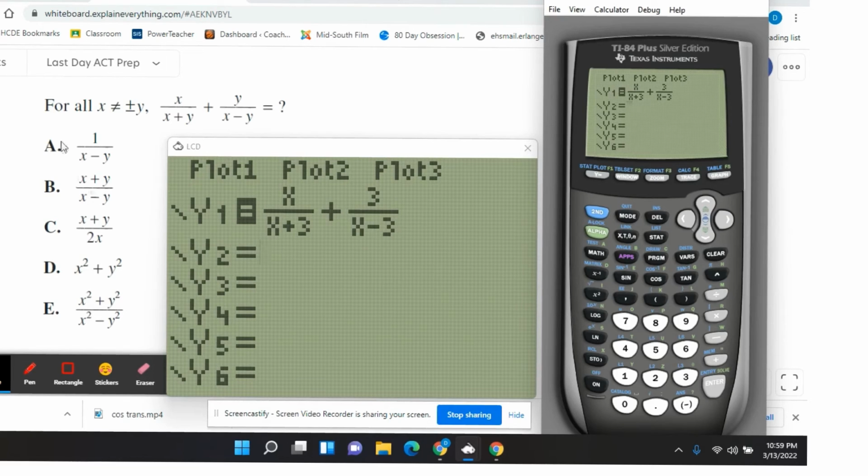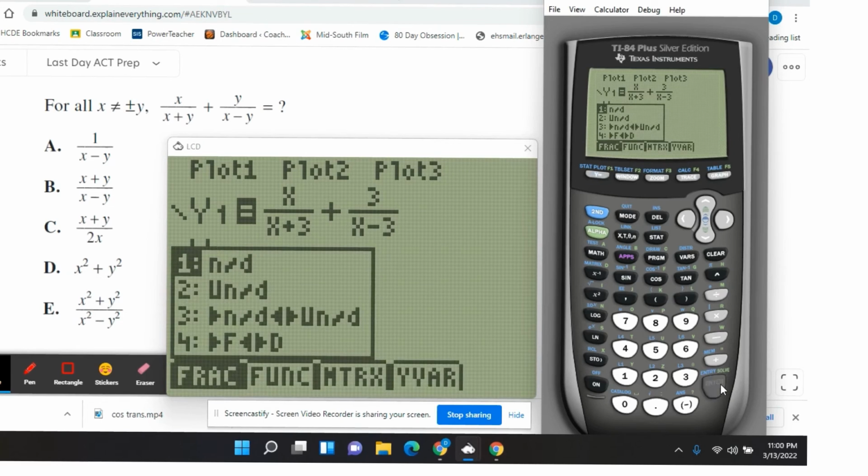Now, I like the pattern that I see between A, B, and E. So I'm going to start by plugging in those. And if I were to blind guess this, I think I would choose B just by the patterns that I see. So I'm going to plug in B into my equation.